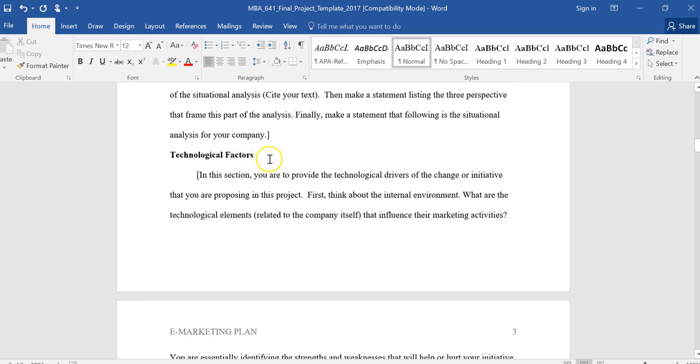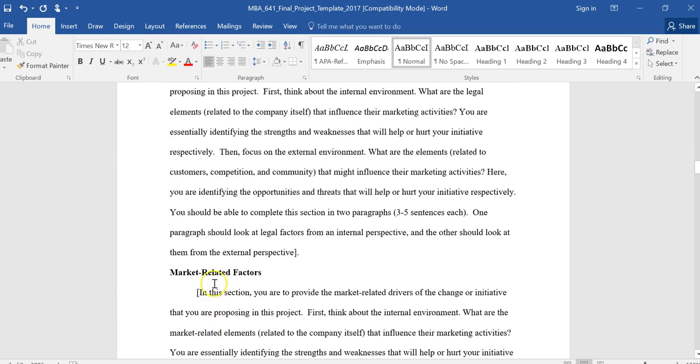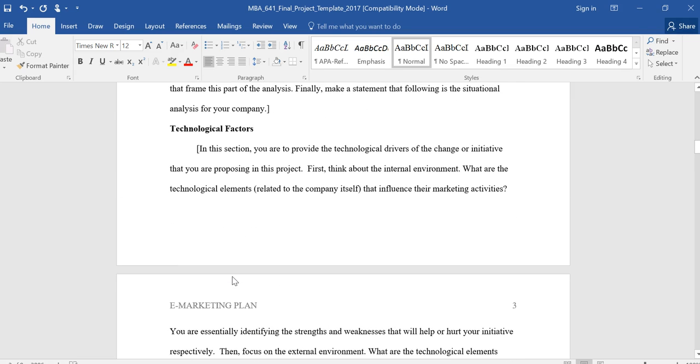So in these second level headings here, we actually have a discussion of those 3 things that we're talking about. But what I want you to do as you're looking at this is to hone your brain in on this thinking. If you look at the instructions here, in this section, you are to provide the technological drivers of change or initiative that you're proposing, right? So what is the change that you're talking about, or the e-marketing or e-business initiative that you're talking about for this project?